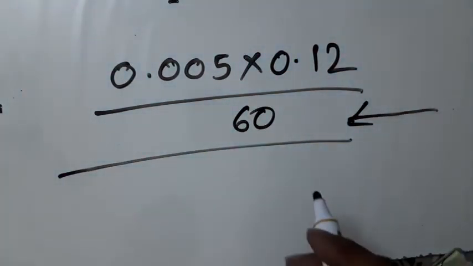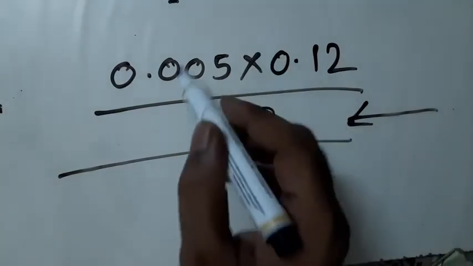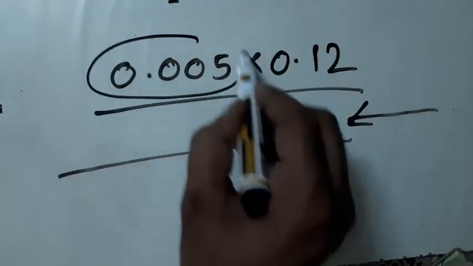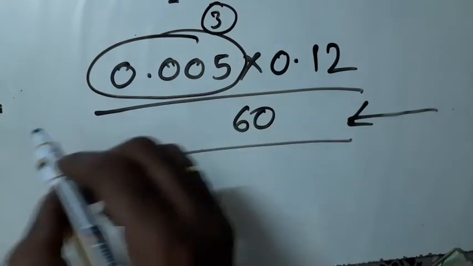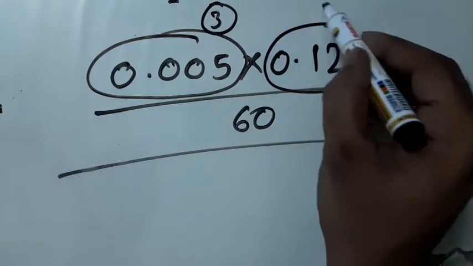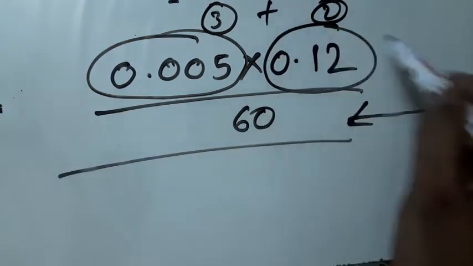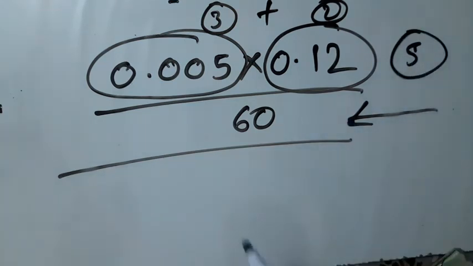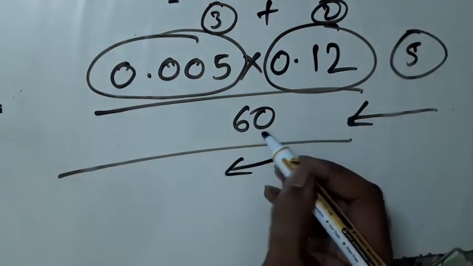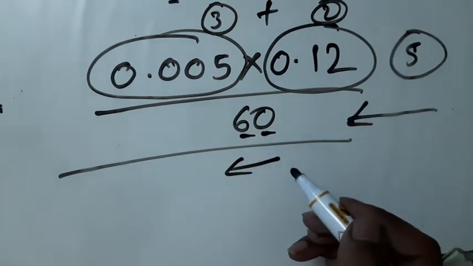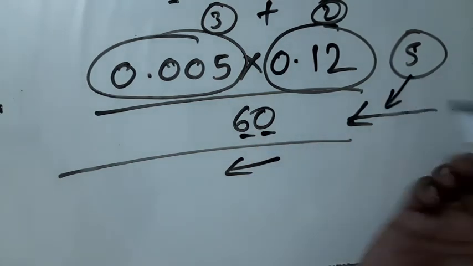After getting the product, we have to count the number of decimal places. Here we have 3 places and 2 places, so 5 places in total. So in the answer also we have to get 5 places. We start from right to left: 1 place, 2 places, and 3 more are required because we have to get 5 places in the answer.